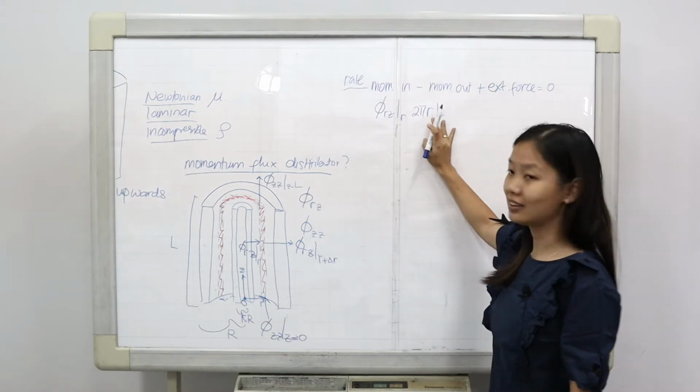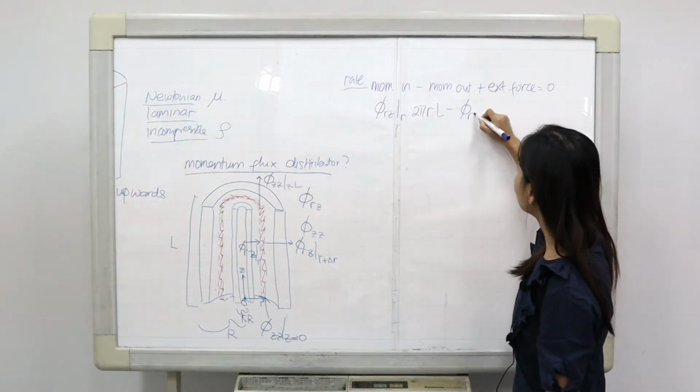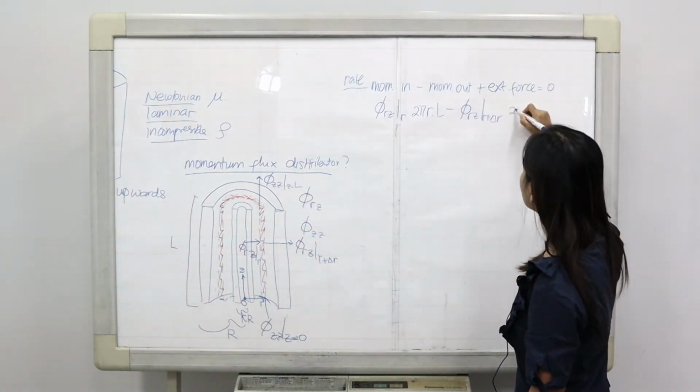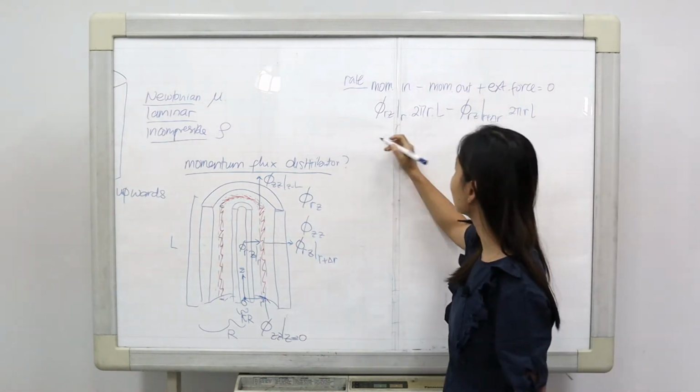Okay, that's in. And we also have momentum out, phi rz at r plus delta r, times 2 phi r L as well. Okay, so that's for phi rz.